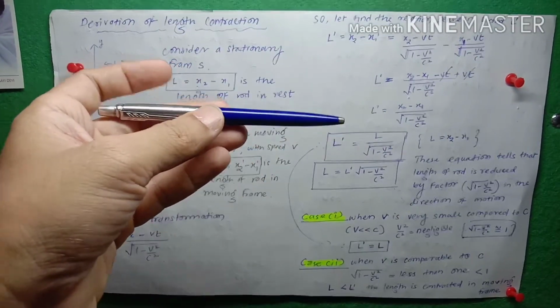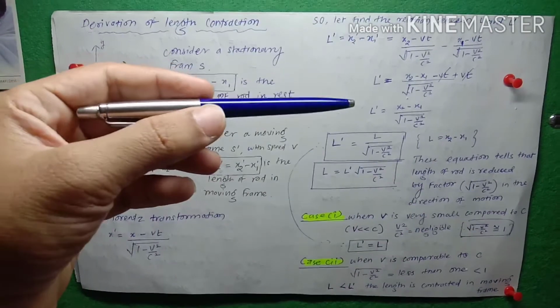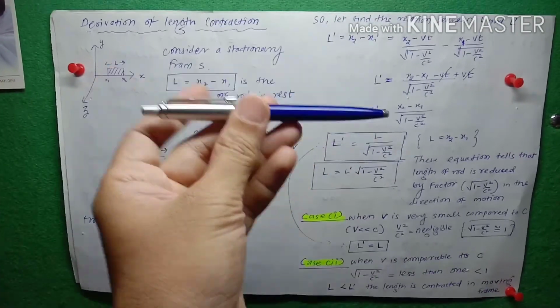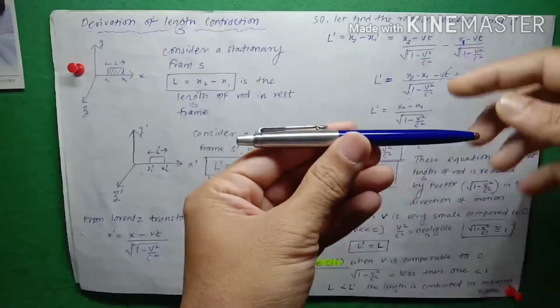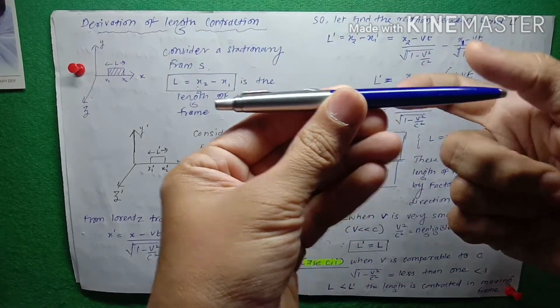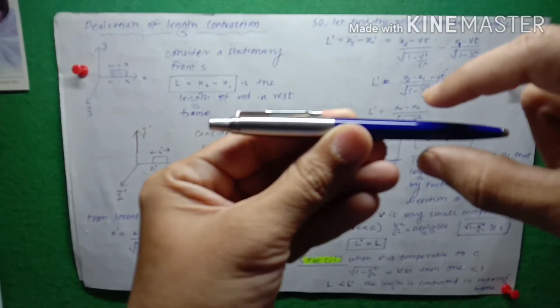Now what is the meaning of the length being contracted along the direction of motion? Let us take the example of this pin. Suppose this pin is moving in this direction. Only the length, that is this much, will get contracted because the pin is moving in this direction, not this height.